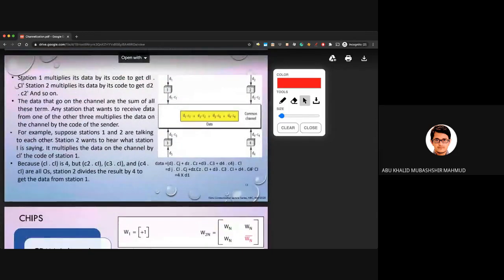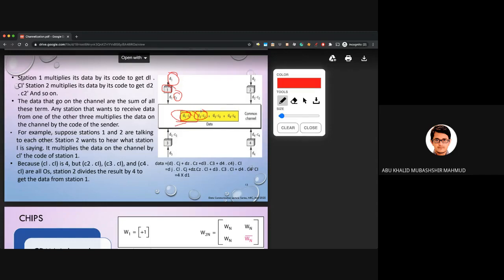If, for example, the data of station 1 is D1 and the code assigned to it is C1, then the code word is D1 C1.